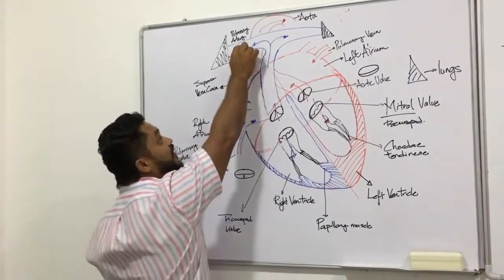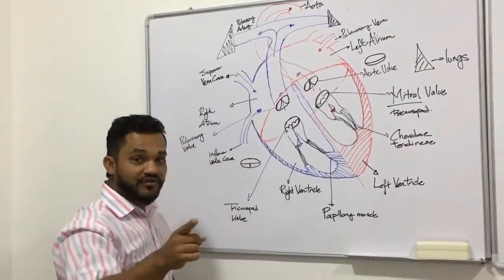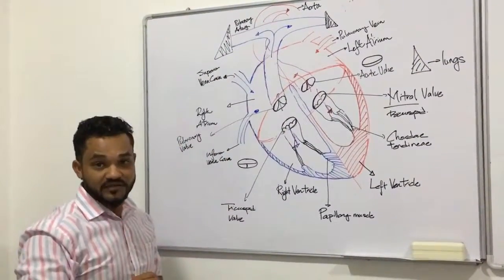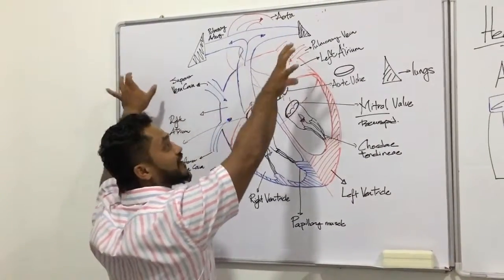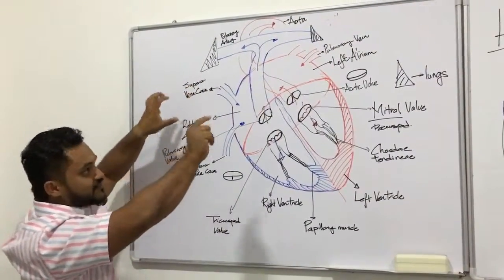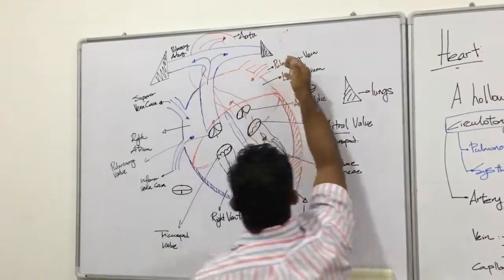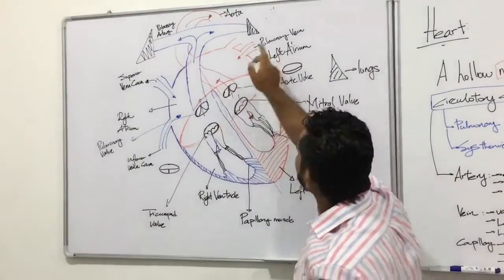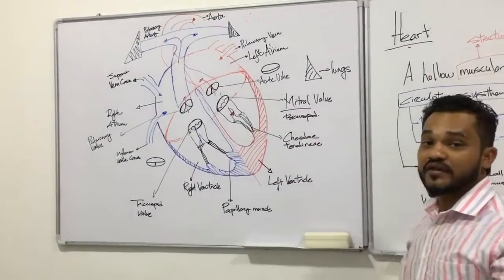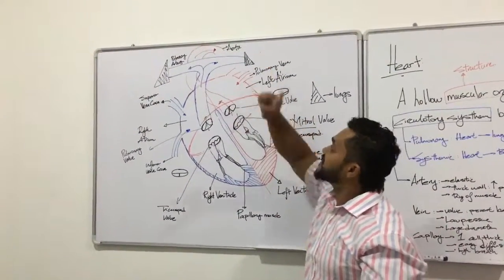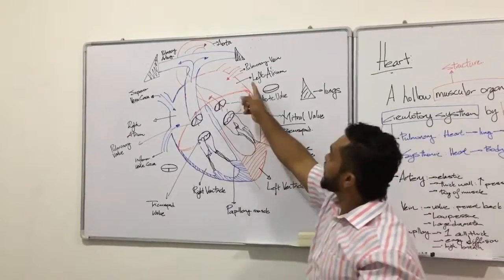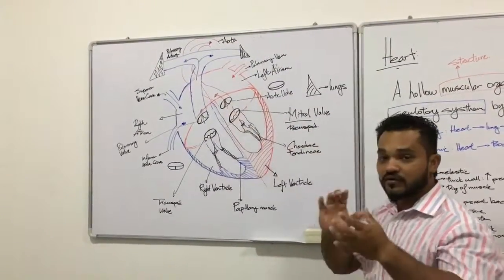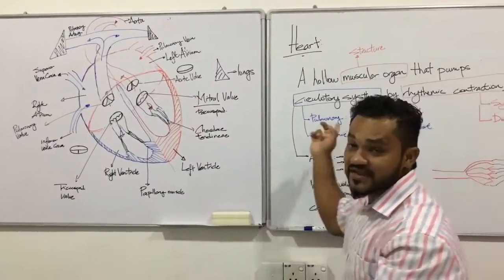Remember, pulmonary artery is the only artery in human body system which brings deoxygenated blood. Now, when it goes to the lung, it gets oxygenated. Now, the oxygenated blood will enter the left atrium via pulmonary vein, the only vein in human body system which carries oxygenated blood. Once it enters the left atrium, the left atrium will go for contraction, or we call it as systole.